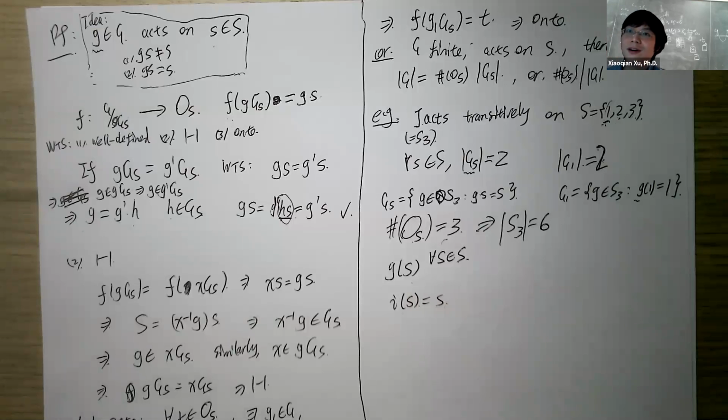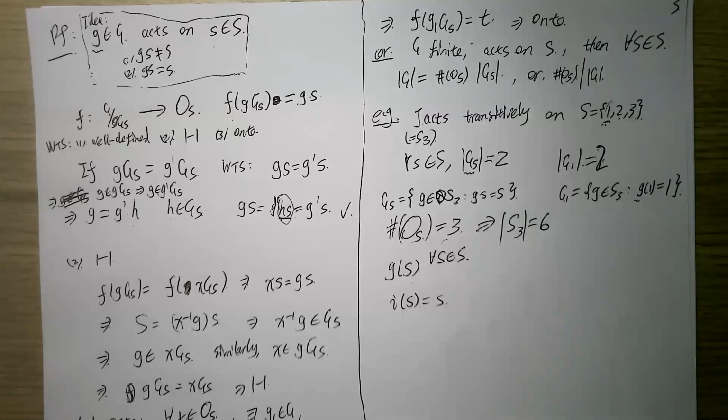If you want to reach something, it must have some image. Yeah, you're correct. You cannot really have only one orbit that is not the whole set, because for the rest of the elements of the set, each must have some image under some permutation in your group. Yeah, sure. Thank you, Professor. Mm-hmm.